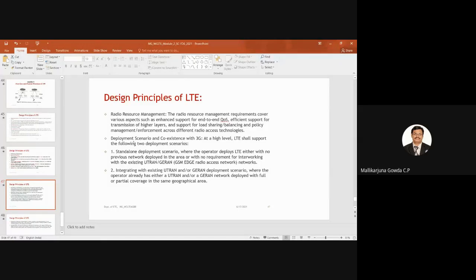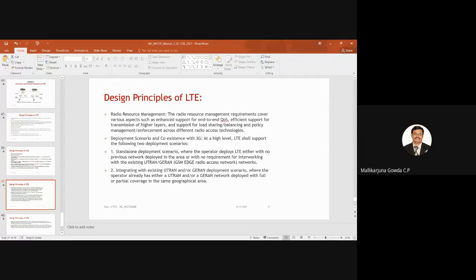So RRM requirements, what they said is here, it has to support the enhanced support for end-to-end quality of service. Okay, so with an efficient support for transmission of higher layers and support for load sharing, balancing, and policy management, etc. So we'll have a discussion about this.